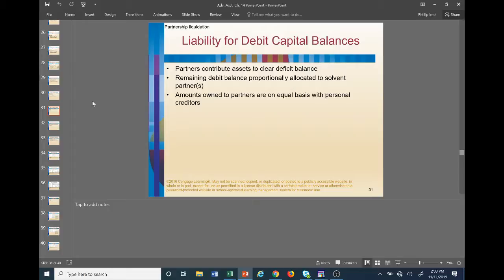As a practical matter, the remaining debit balance will typically be viewed as a realization loss and allocated according to the remaining partners' loss ratio rather than requiring an actual contribution of additional capital. Now, under common law and federal bankruptcy law, amounts owed to partners by way of contribution are on an equal basis with personal creditors of the partner.